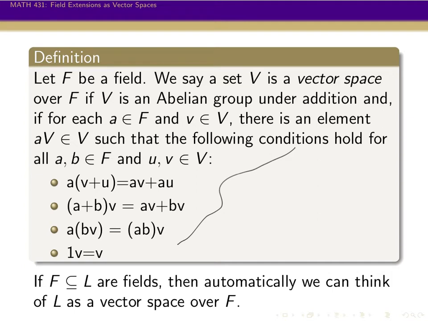So you can think about a field as being sort of a vector space plus more structure. The additional structure is that you get to multiply not just by elements of F, but by any elements in L. And there's also more multiplicative structure. But all of the vector space facts are still there.